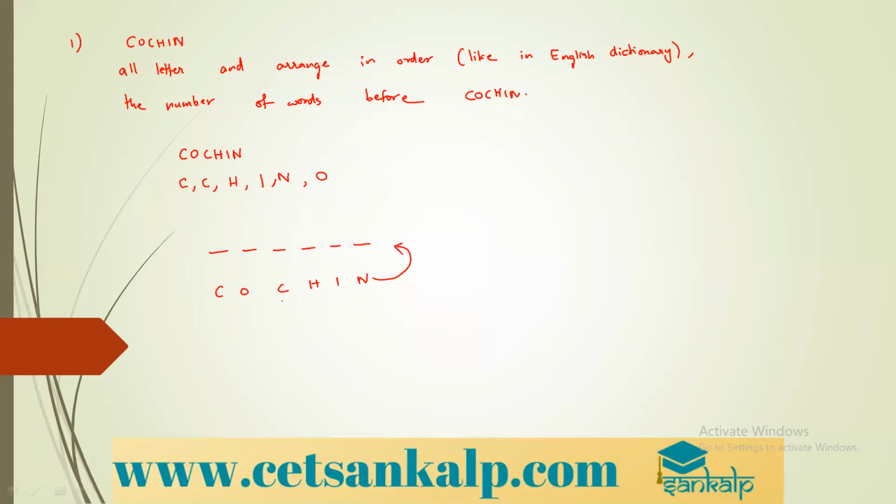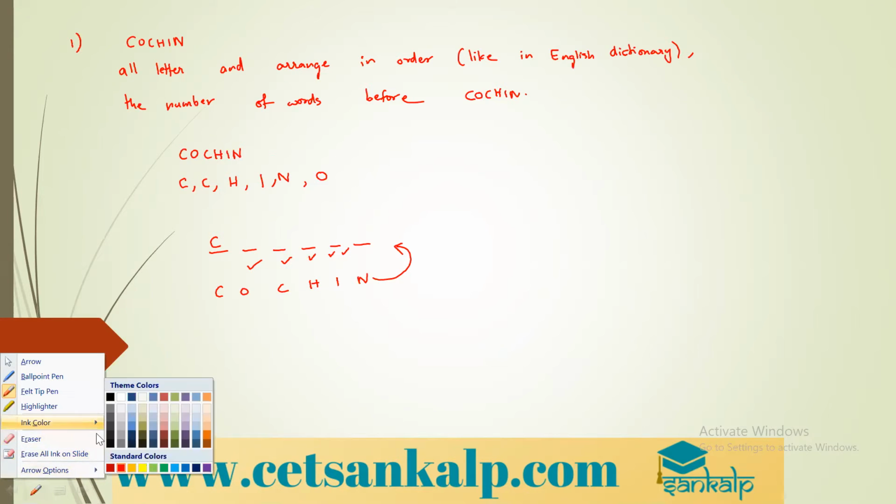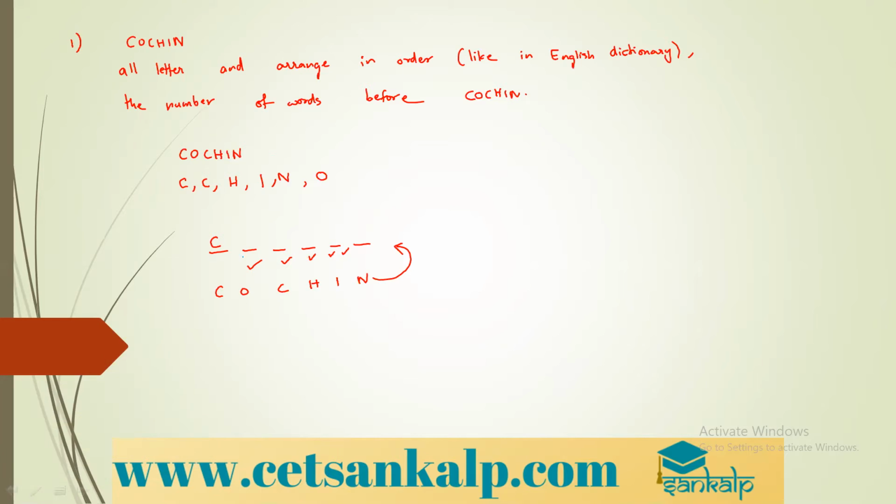Before this word, whatever words come, obviously they start with C. And then the remaining 1, 2, 3, 4, 5 places which we have to fill. So, among these 5 places, see the first place.